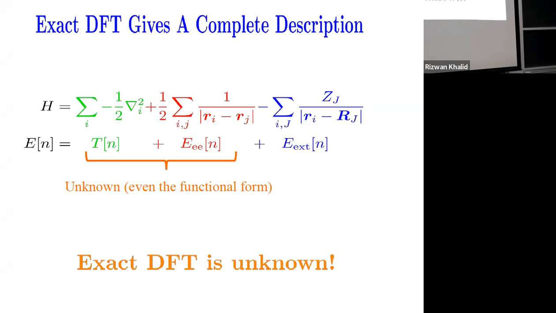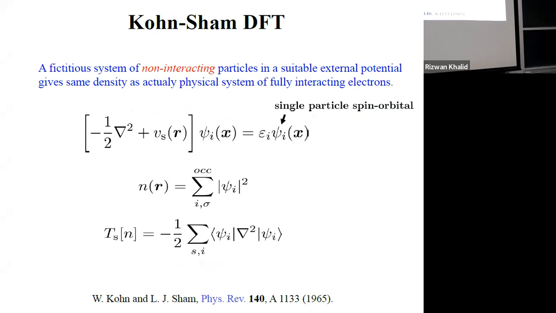And for independent particles, the n-particle Schrodinger wave equation can be split into n single-particle wave equations. So you can split a single equation of n particles into n equations, each for a single particle, if this term is absent. So what did they do? They assumed that we have a fictitious system of non-interacting particles.